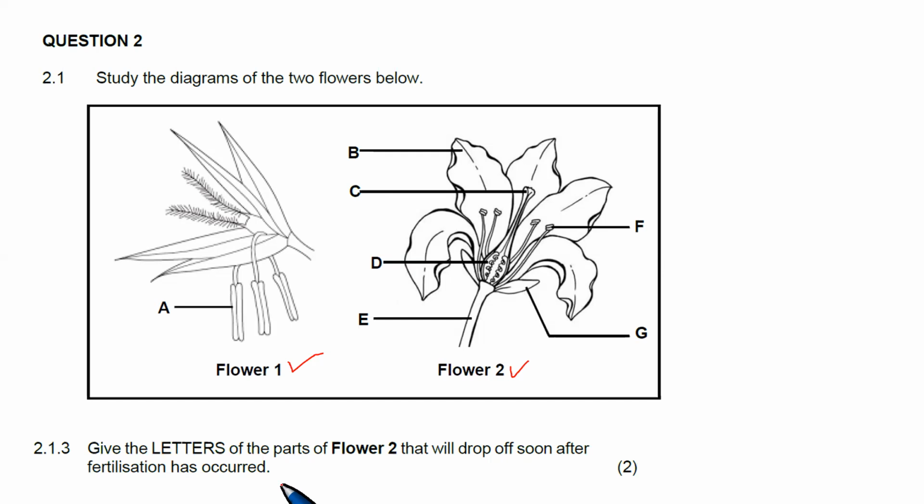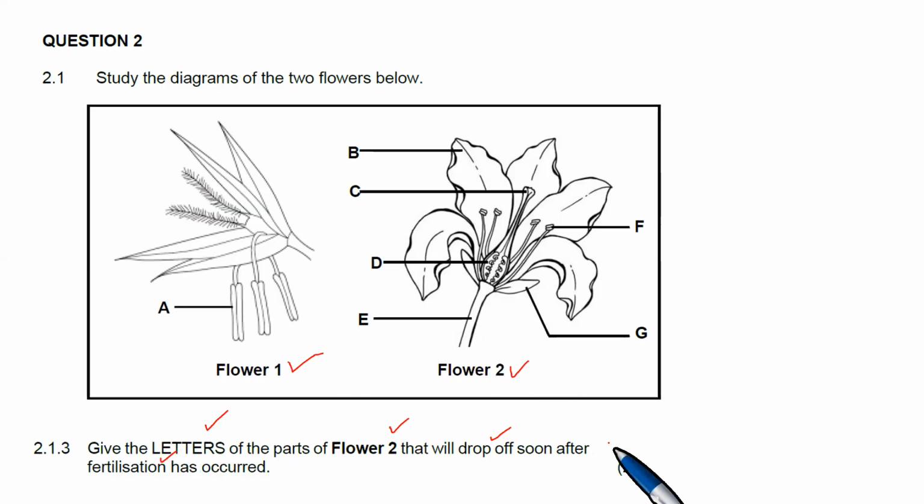Okay, we must give the letters of the parts of flower two that will drop off soon after fertilization has occurred. What parts will drop after fertilization has occurred? It's easy, this one.